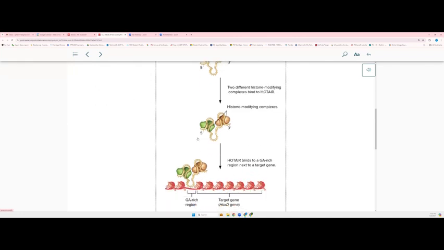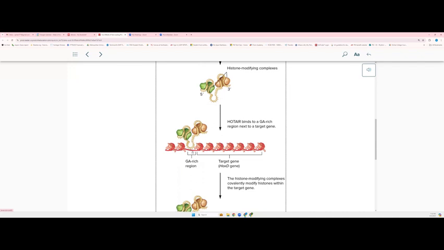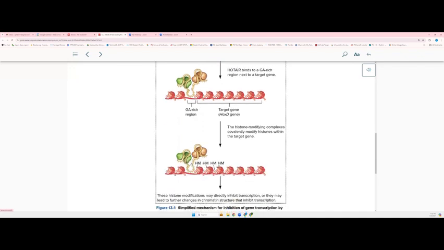And after this huge complex formation, this complex will bind to the GA-rich region next to a target gene, right? After it's binding, these two complexes, green and brown, are very close to the histone, because of the non-coding RNA's binding and guidance function.